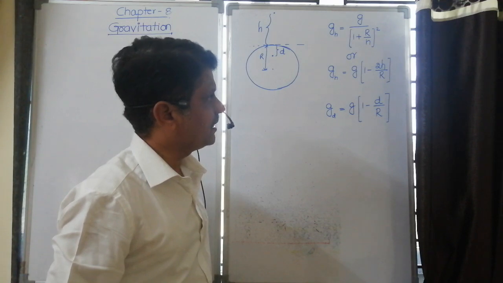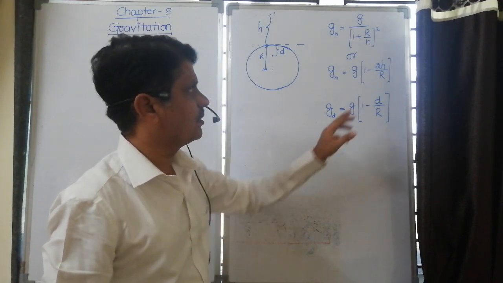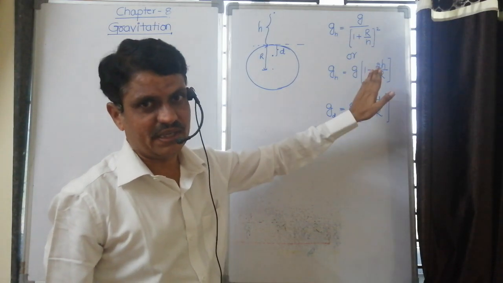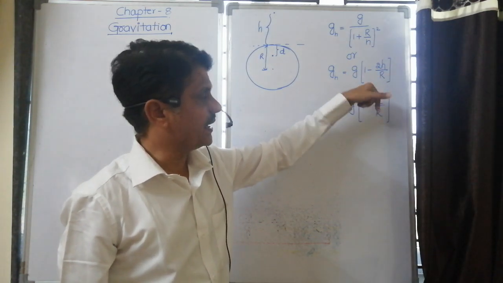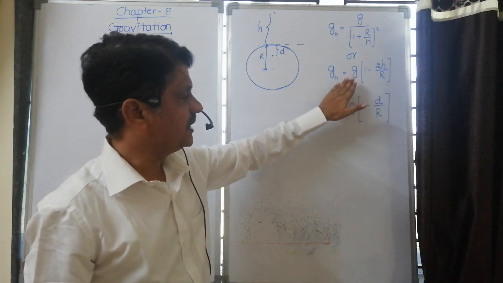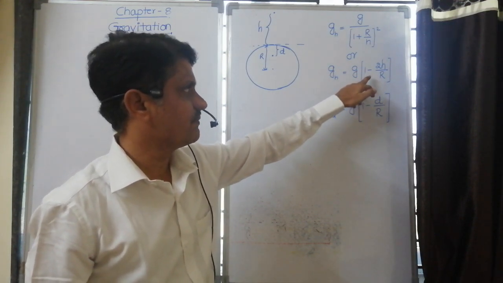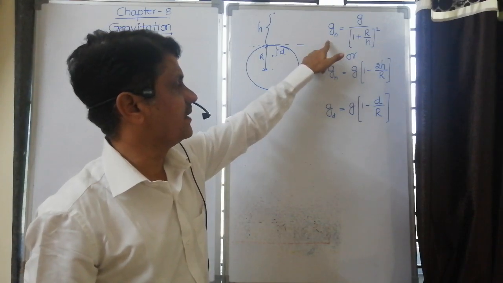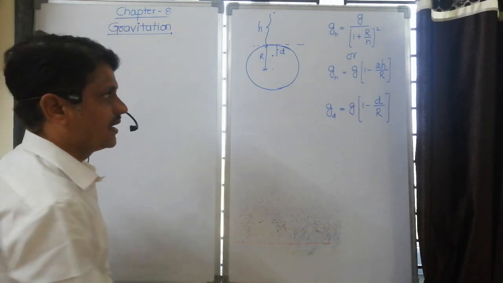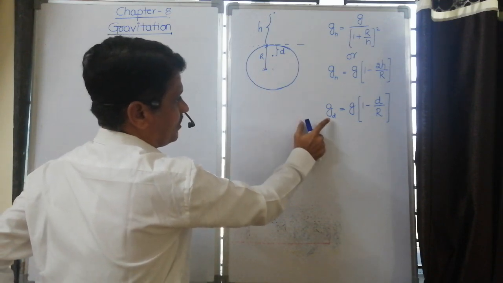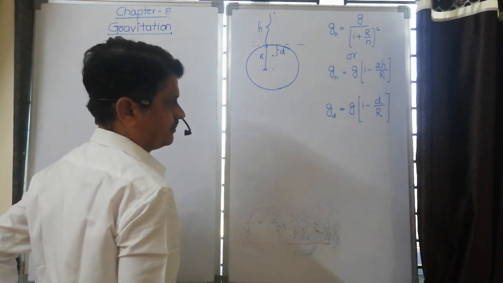Yesterday I have given a rough value, that is up to 10 kilometer there is no variation of g, and up to 500 kilometer we can use this, above 500 we can use this. And g at a depth d is given by this formula.